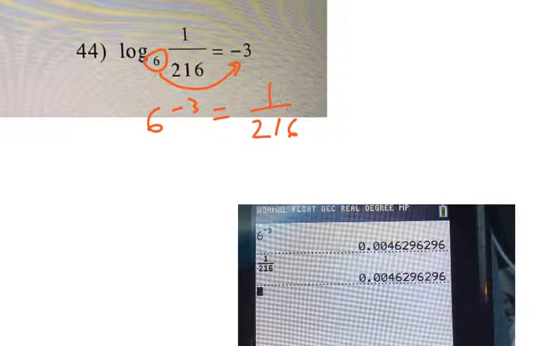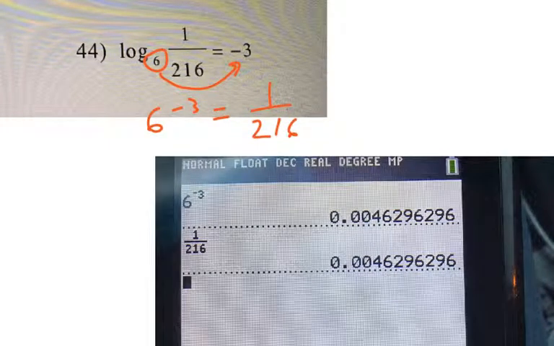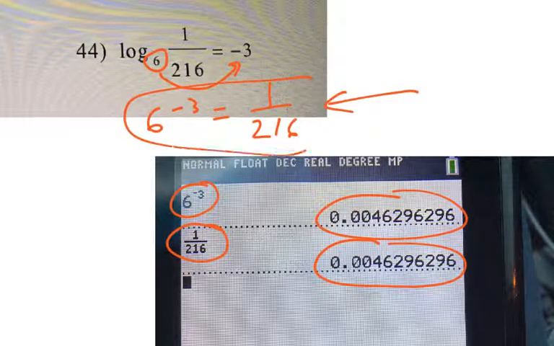Again, if you look at what I did on the calculator, isn't 6 to the negative 3 this value, and 1 over 216 is exactly the same value, so our equation right here is proven valid again. But anyways, all we're doing basically, guys, is taking a log equation, rewriting it as an equivalent exponential equation, okay?